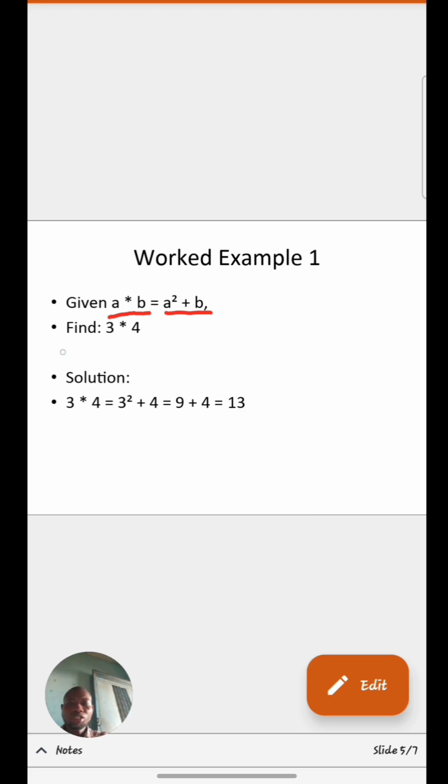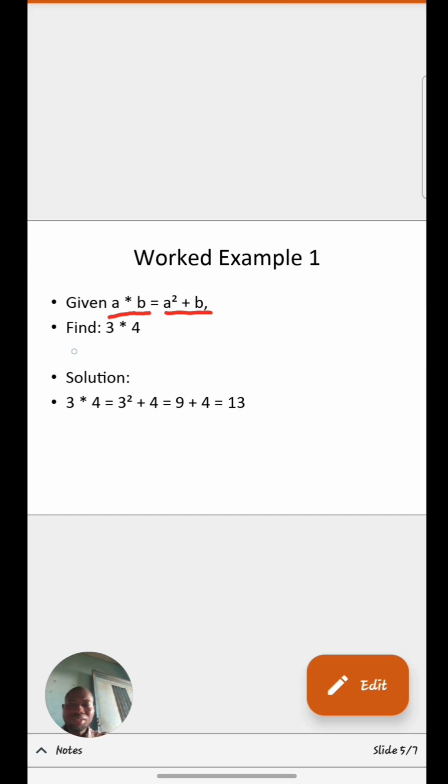But we are not given the condition here. We are not given whether the elements we are given here are natural numbers or real numbers or rational numbers. So let's assume that we are dealing with natural numbers.